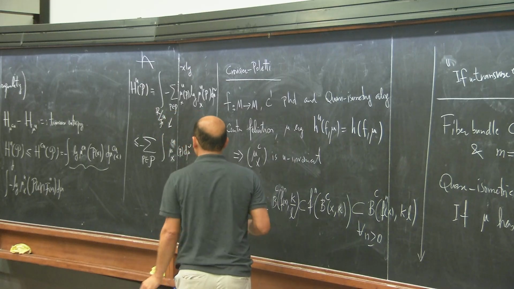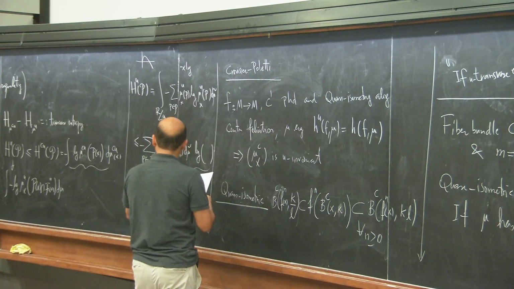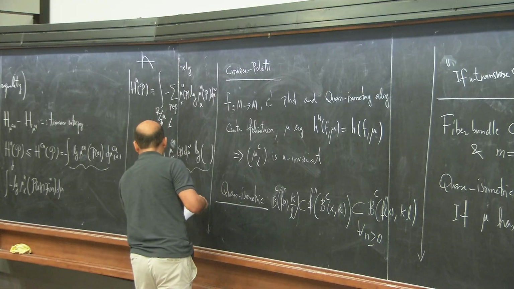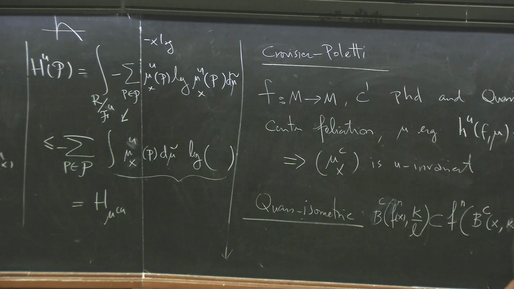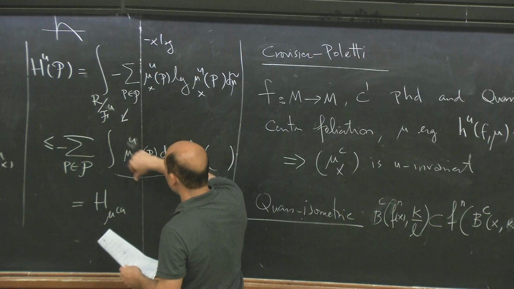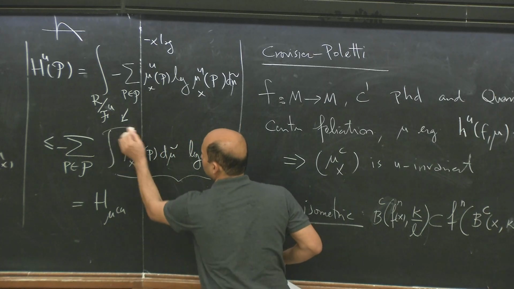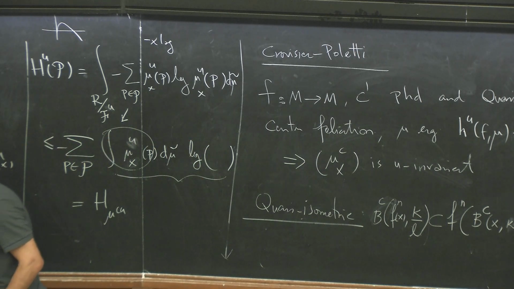So these guys, the sum of them, is exactly the entropy of the measure mu_cu by the very definition. If you take this average, the average of mu_u, you are taking exactly mu_cu. The mu_u's are the disintegration of mu_cu.